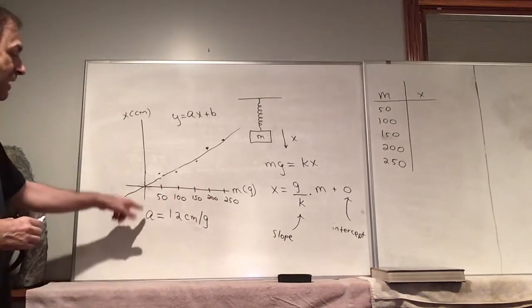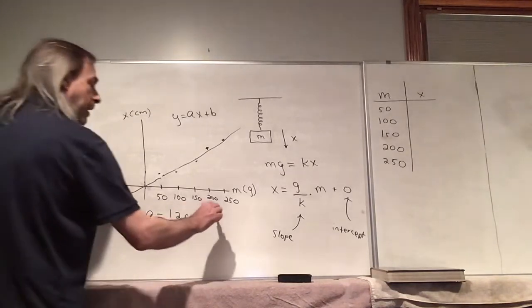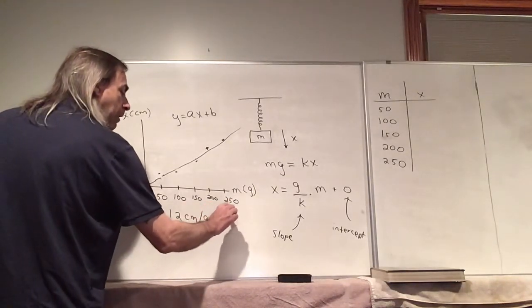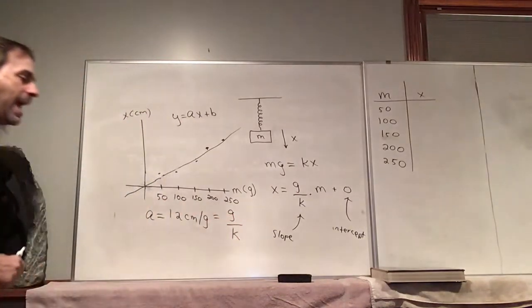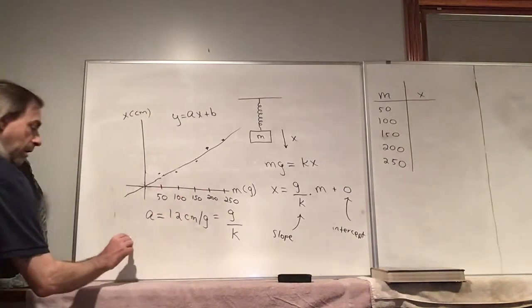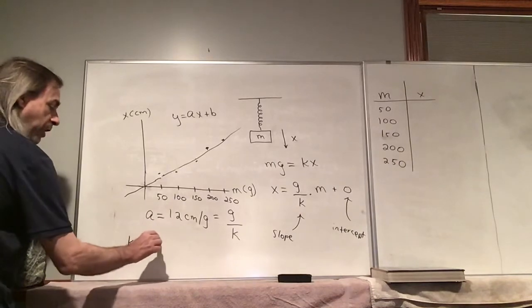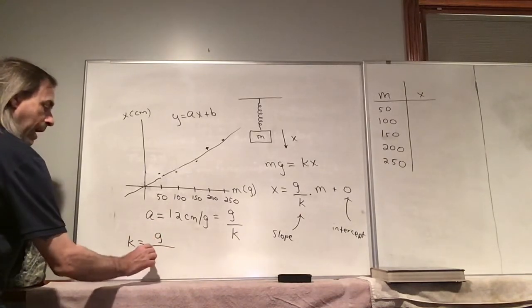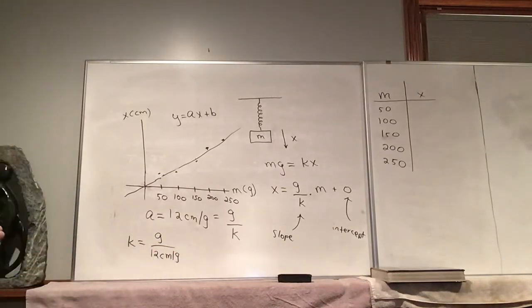And so this is the slope according to the data, and this should be equal to g over k. Our goal is to find k. So let's just solve this for k. So k would be, in this case, g divided by 12 centimeters per gram.